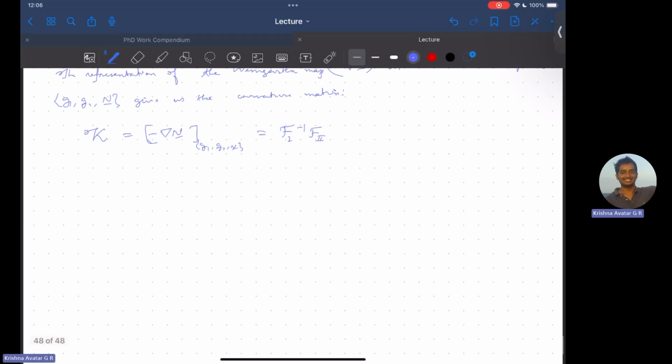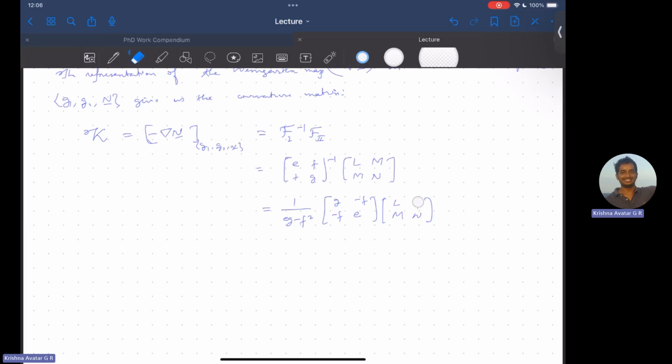So F1 is like E, F, F, G, inverse of L, M, M, N, and is going to be equal to 1 by EG minus F squared, G, minus F, minus F, E. As we recall, the expressions are all zeros, so we'll keep it as it is.